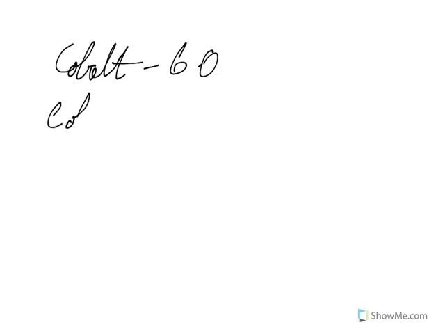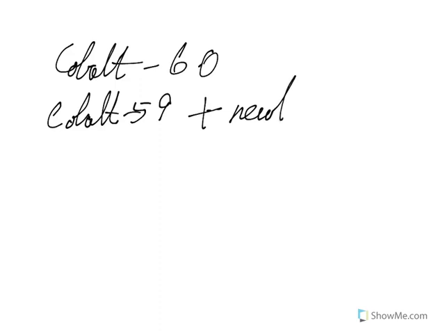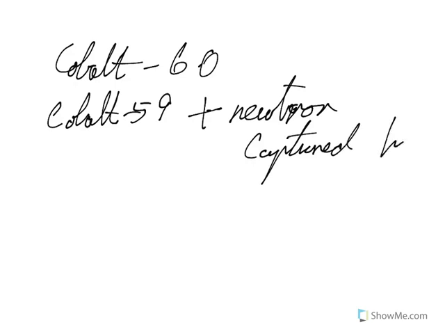So we start with cobalt-59, plus a neutron that we fire at it, and it's captured by the nucleus, and then we have radioactive cobalt-60. So captured is the word missing.